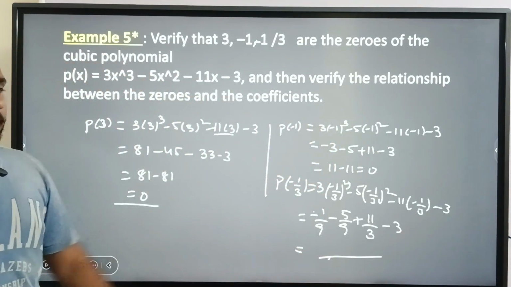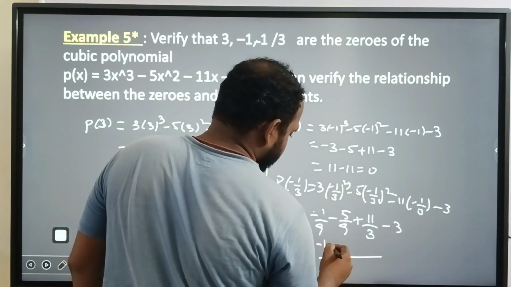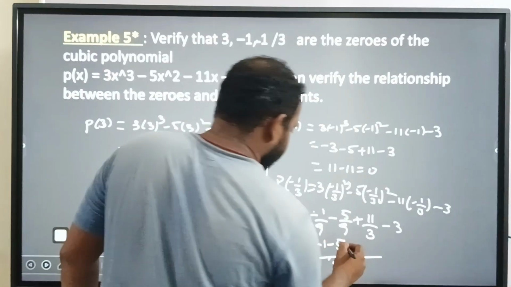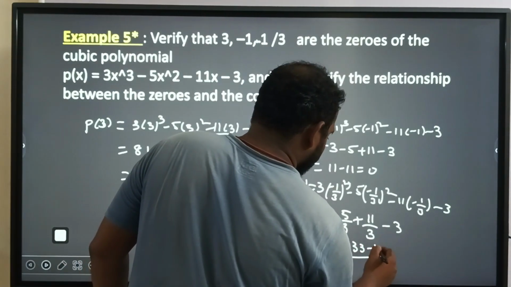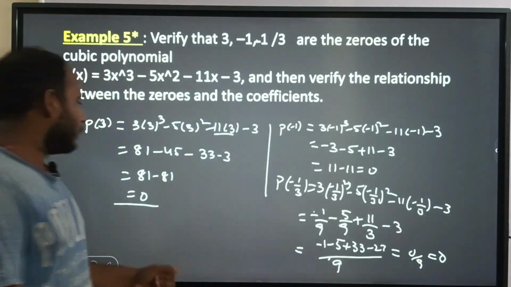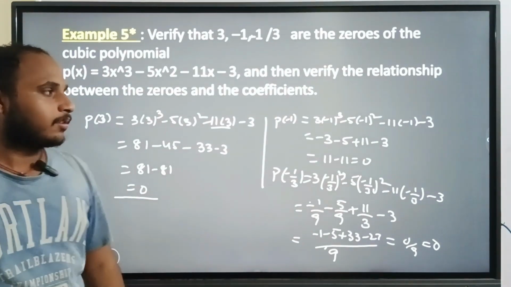Now, the LCM for 9, 9, 3 is 9. Minus 1, minus 5, 3 3s are 9, 3 into 11 is 33, 9 into 3 is 27, therefore 0 by 9, which is equal to 0. Hence, the value of the polynomial at 3, minus 1 and minus 1 by 3 is zero.